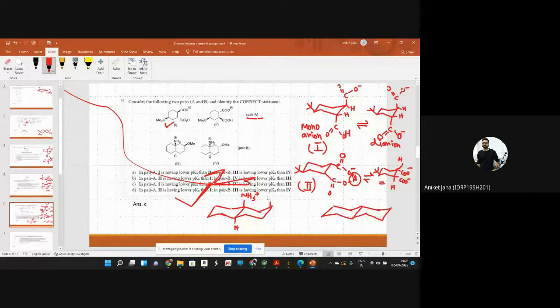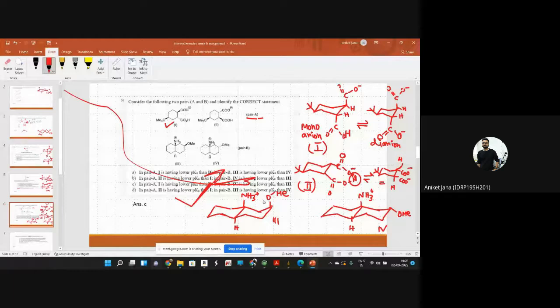But in one case, OMe is on the same side, and in another case, OMe is in the equatorial position. So now tell me, with the connection to the first problem, can you see any kind of similarity between these structures depending on the hydrogen bonding? In which structure is hydrogen bonding possible? In the first one. Yes, in the first one.